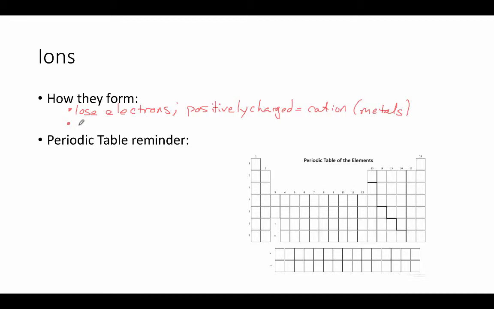Or they can gain electrons. If they gain electrons, they now have more negative parts than positive parts, so they are negatively charged, and they're called anions. And this happens to our nonmetals.